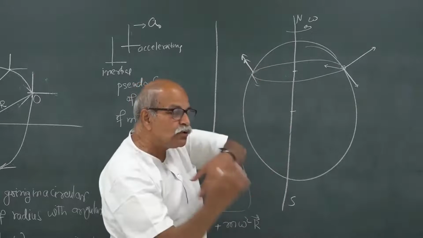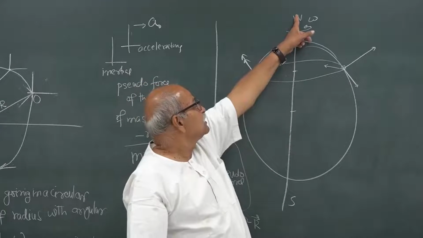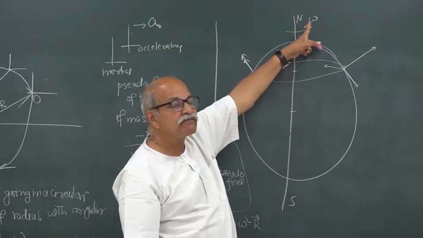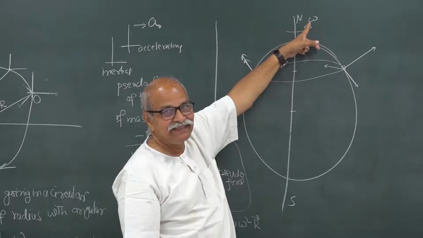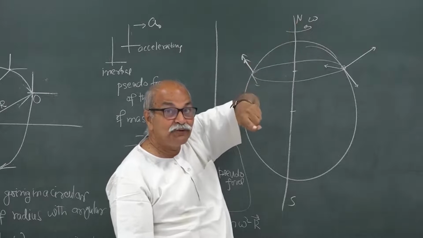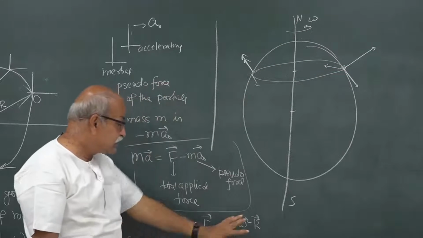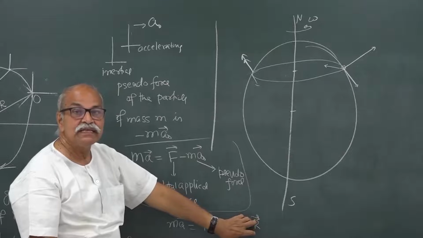So, it is also rotating with respect to this axis. This is the axis of rotation of my frame and the angular velocity is omega. So, those Coriolis force and centrifugal force will be there. On top of this, this kind of force will also be there.